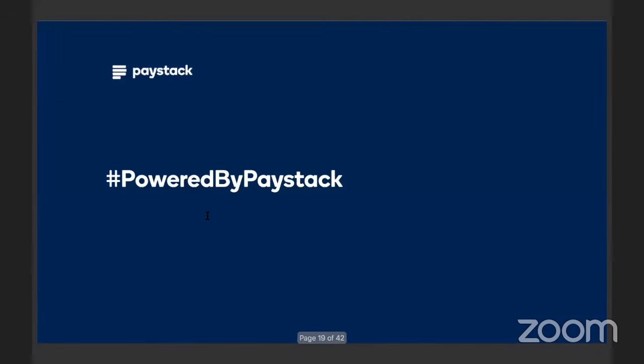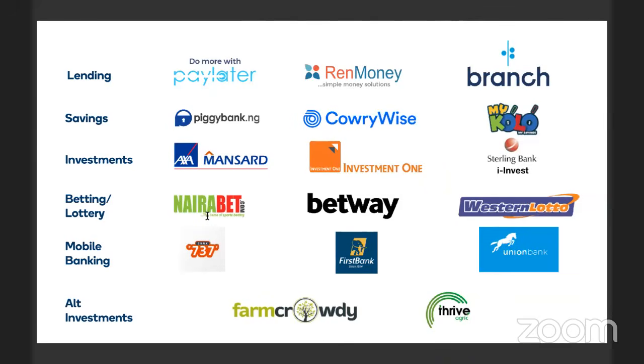So like I mentioned, our APIs have allowed other payment tools to be built, and the payment industry to grow, right? We power businesses like Pay Later, we power lending businesses, we power savings and investment businesses, we power lottery.